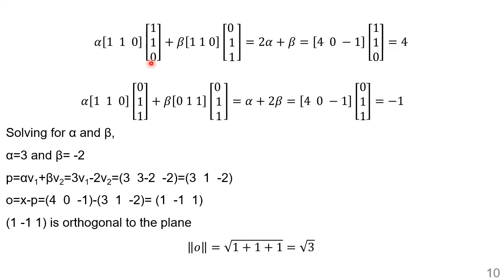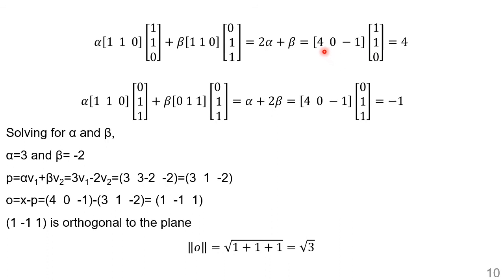When we simplify this, we get 1 into 1, 1 plus 1 into 1, 1. So we get 2 into alpha plus here 0 into 1 is 0, 1 into 1 is 1. So 1 multiplied by beta, we get 2 alpha plus beta is equal to x dot v1.